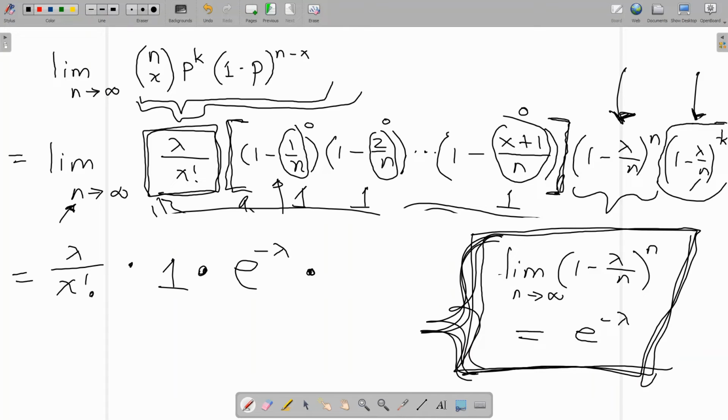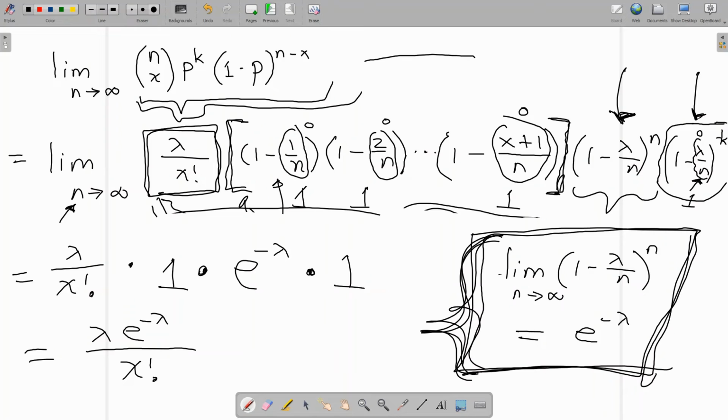Remember, as n approaches infinity, lambda over n becomes 0. So we have here 1 minus 0, so that is 1 raised to negative k. So it's still 1. And finally, we can simplify this as lambda times e to the negative lambda all over x factorial.